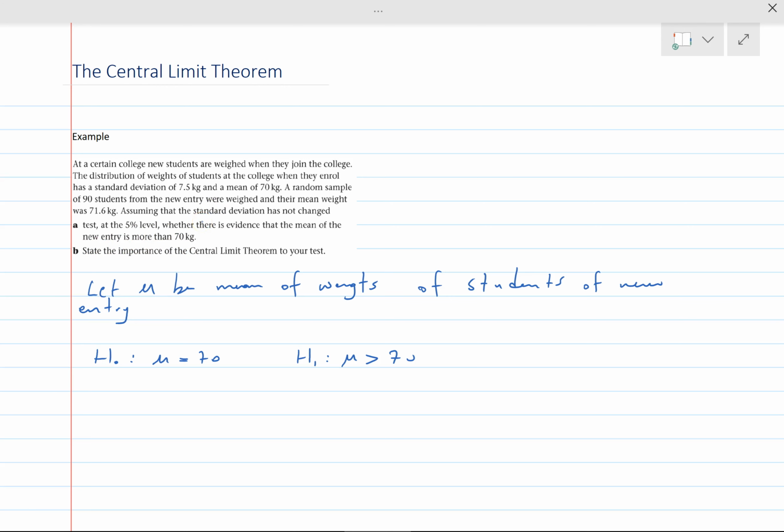Okay. So the central limit theorem, basically, if we let x be equal to the distribution of means of 90 samples, the distribution of means of sample size 90.